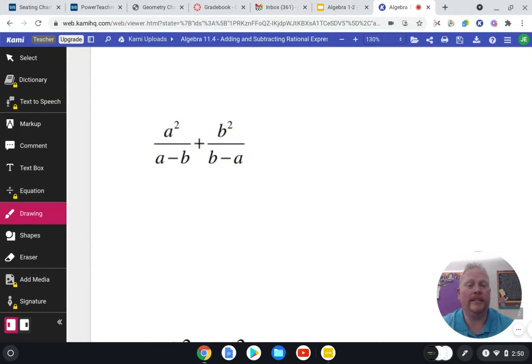So what I can do is I can factor out a -1 out of that second denominator, and I would get -1 times a minus b. Okay, now this is kind of an interesting example because with a -1, I can kind of transfer that negative to the numerator.